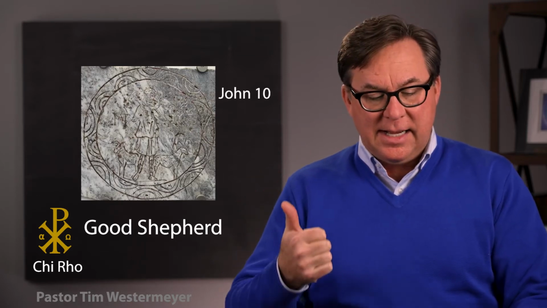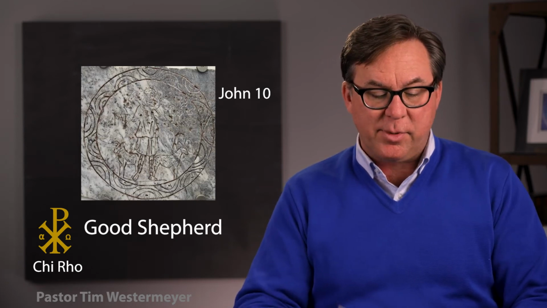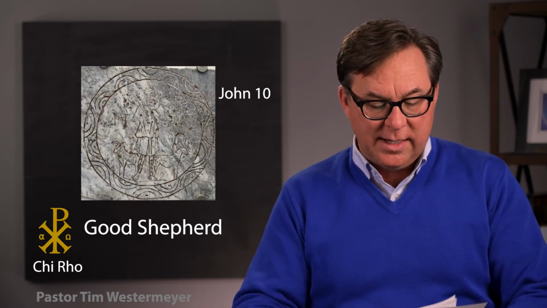Second one. This is the symbol of Jesus as the Good Shepherd. This is an image that would have been very familiar in Greek and Roman art, and of course in the Christian narrative. There are all kinds of biblical connections to Jesus or to God the Father. John 10, I'm the Good Shepherd. The Good Shepherd lays down his life for the sheep is one.